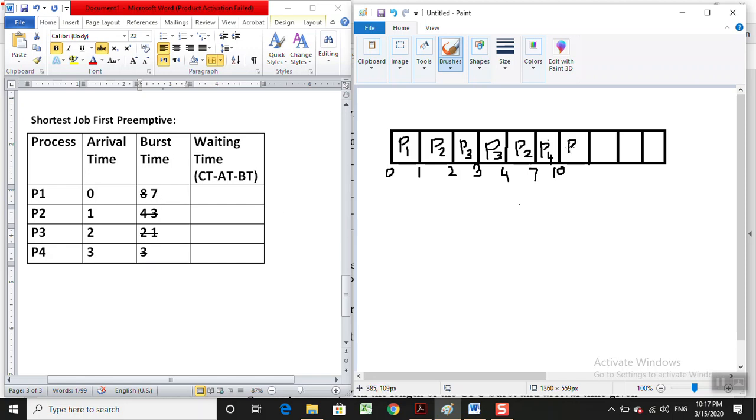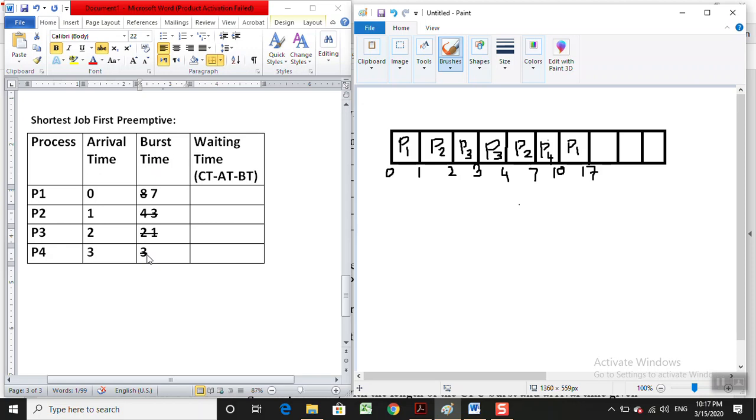So P1 has how many left? 7. So it will be 17 milliseconds. Okay, so by 17 all the processes have finished their jobs. Now you see 8 plus 4 is 12, 12 plus 2 is 14, 14 plus 3 is 17.